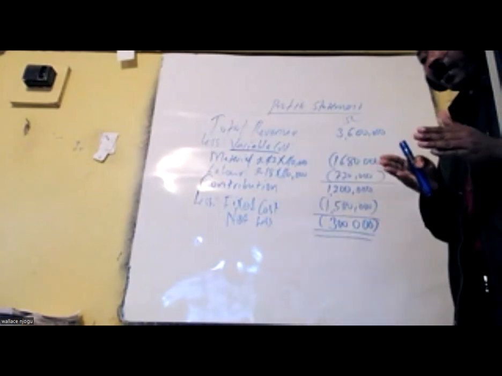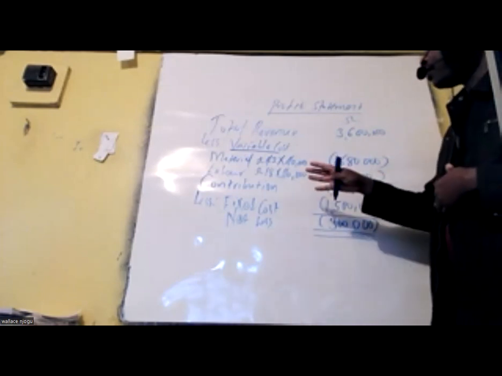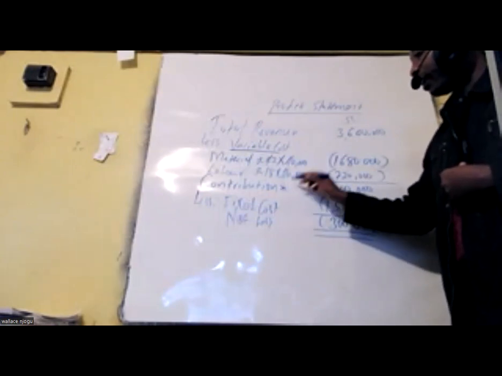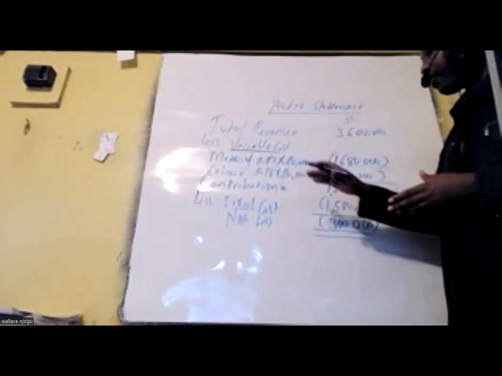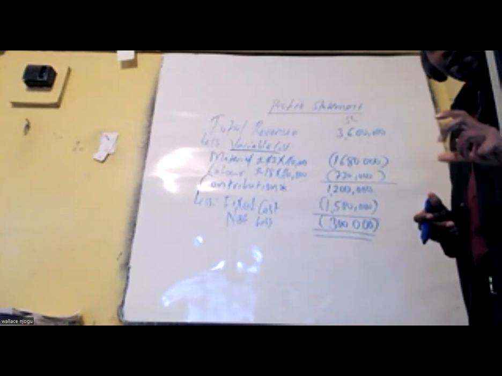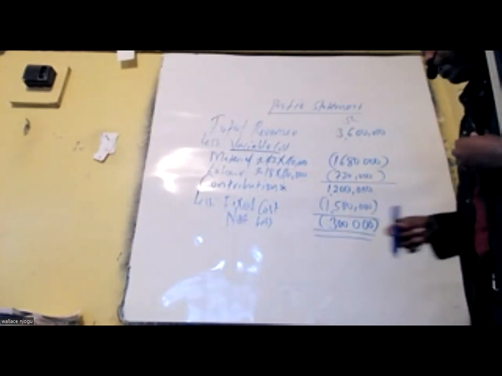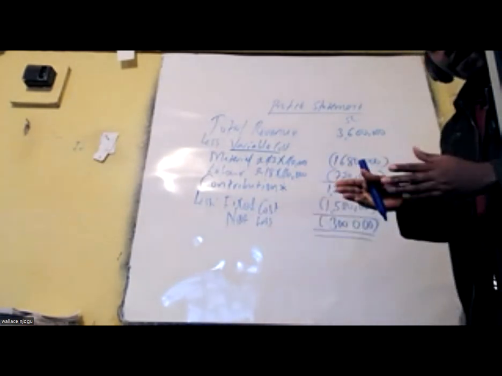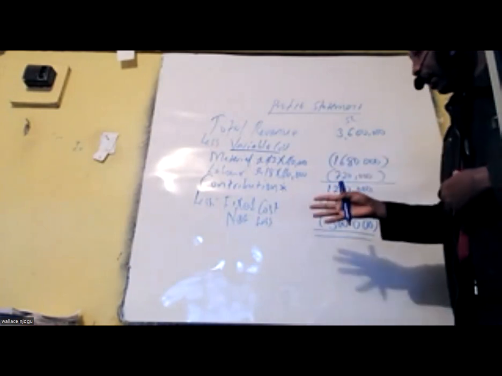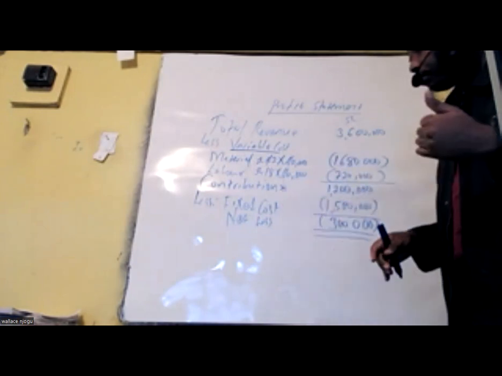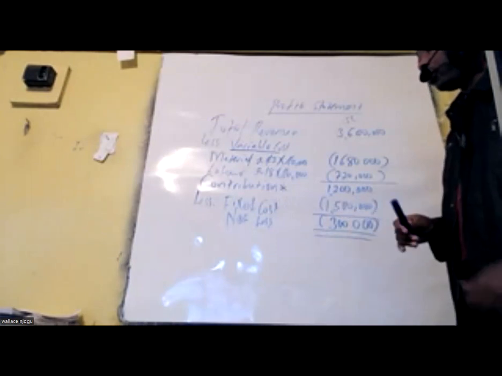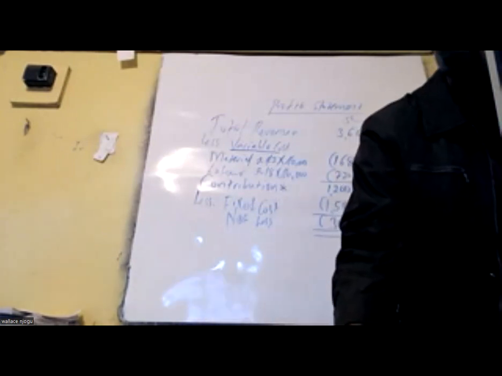Lakini if we have got other activities we are doing, you can see this order iko na a positive contribution. The key thing here is the contribution. If it has a positive contribution, we accept the order. That is, if there are other activities going on in the company, meaning the fixed cost, tutaangalia whether to accept the order ama hatuja accept. You see? Kama that is the case, then we accept the order because iko na a positive contribution.